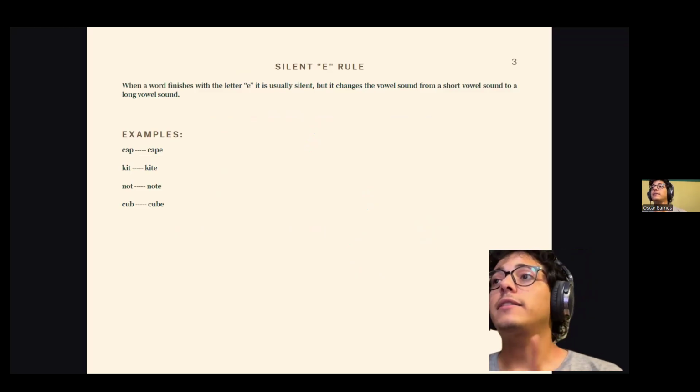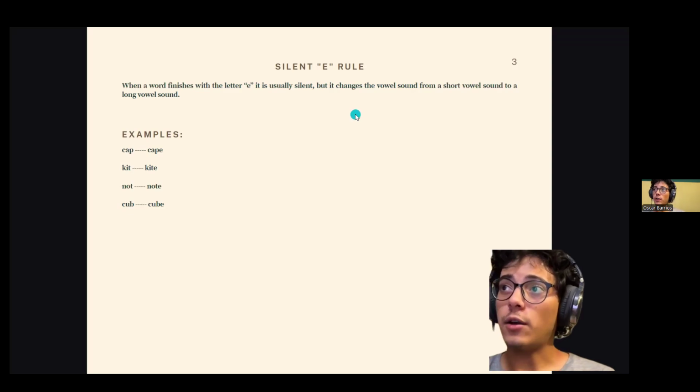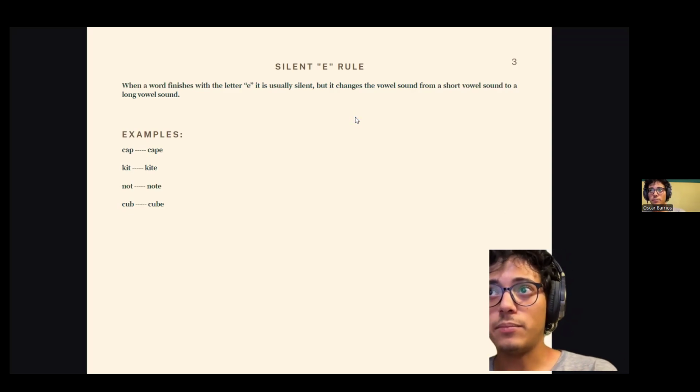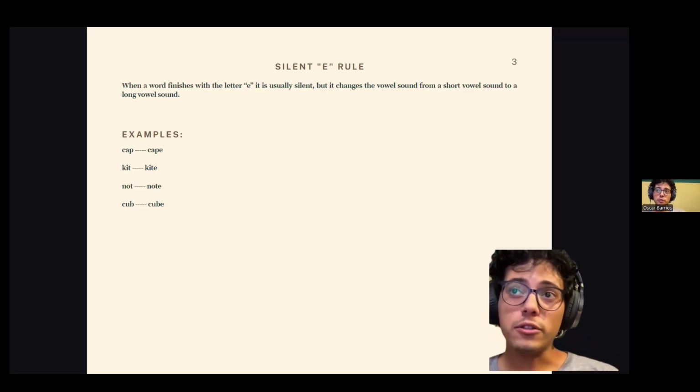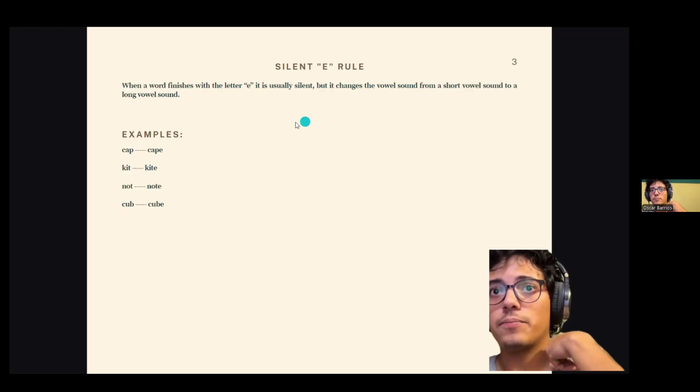But at the same time, it is going to transform the vowel sound that is present in the word from short to long, as we studied the long vowel sound a few minutes ago.